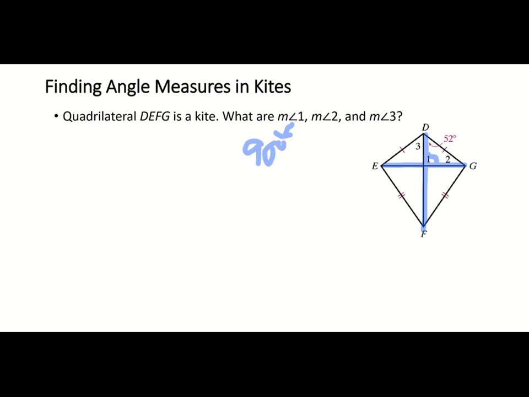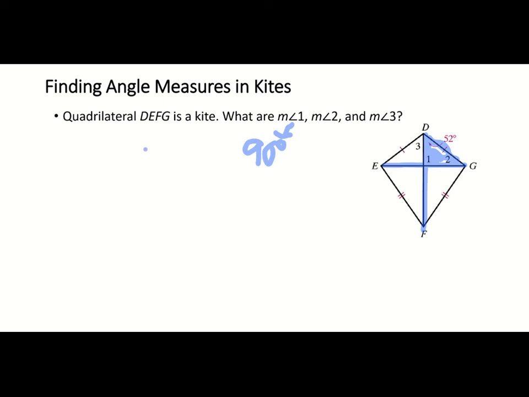Now, I know that angle GDF, this angle right here, is 52 because they gave it to me. So, you know what, we have a triangle here. I can find angle 2. Because this is a right angle, I know that angle 2 and the 52 degree angle are complementary.